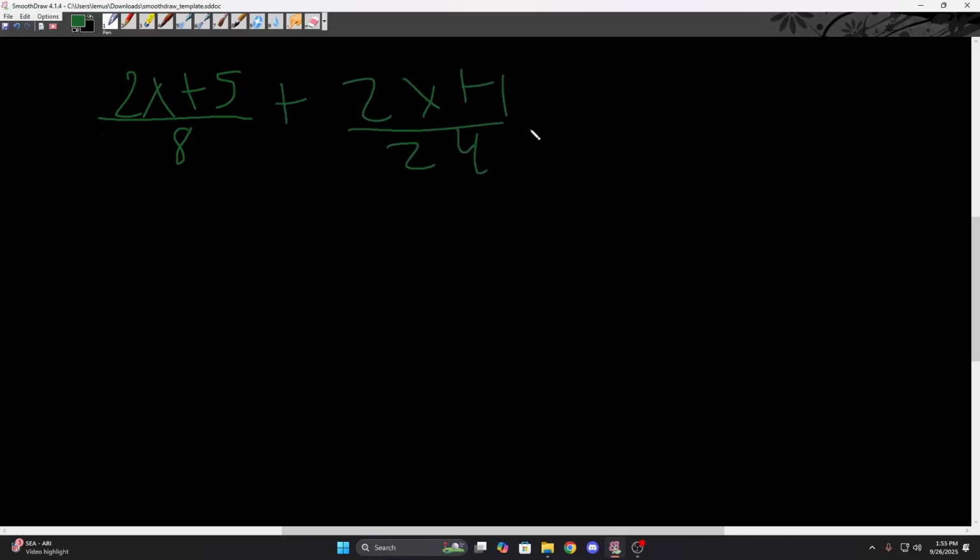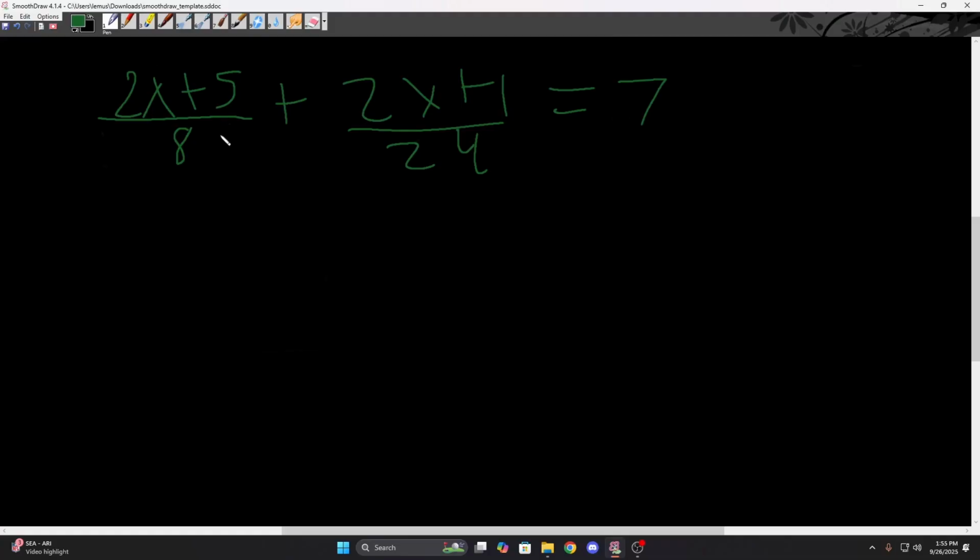Next question is solve for x. So 2x plus 5 over 8 plus 2x plus 1 over 24 equals 7. Here, obviously, what I would do is factor this out, and then actually no, you don't need to factor this out.